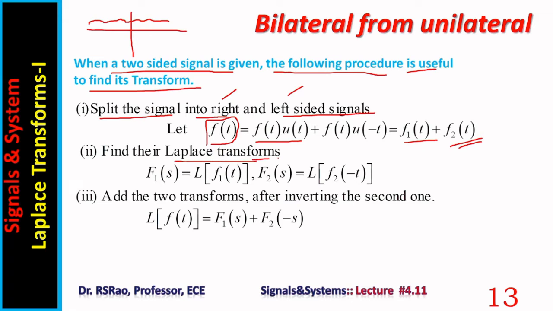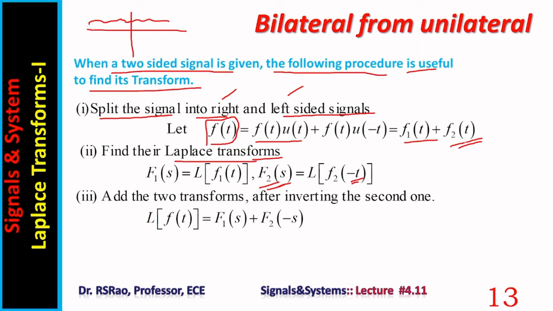Find their Laplace transforms. F1 of s is the Laplace transform of F1 of t. It can be obtained by applying Laplace transform to F1 of t. F2 of s is the Laplace transform of F2 of minus t. Notice, it is not F2 of t. It is Laplace transform of F2 of minus t.